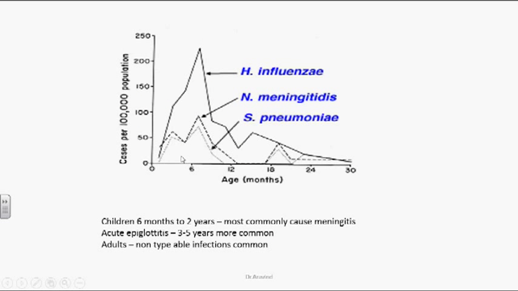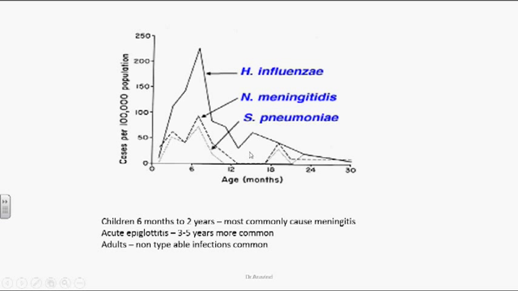So this is the incidence rate of infection in children. This axis refers to the age of the patient, and this axis refers to the number of cases reported up to 1985.